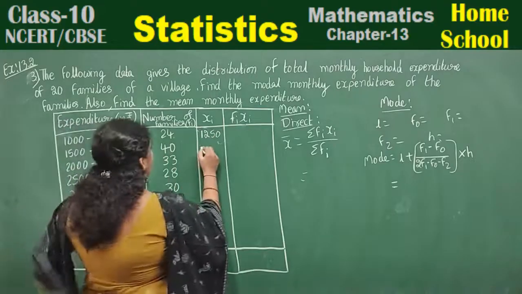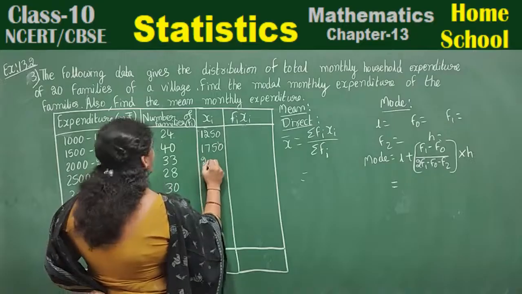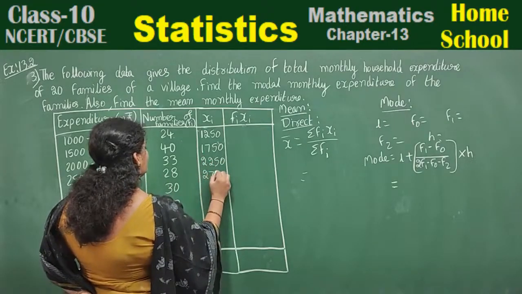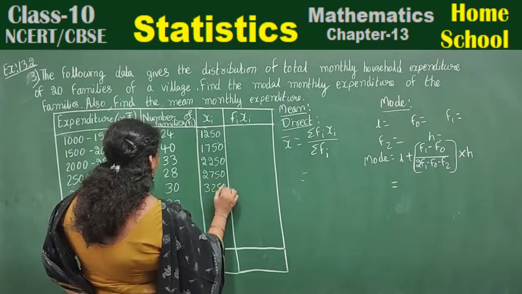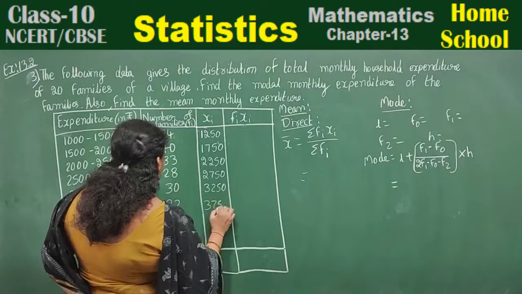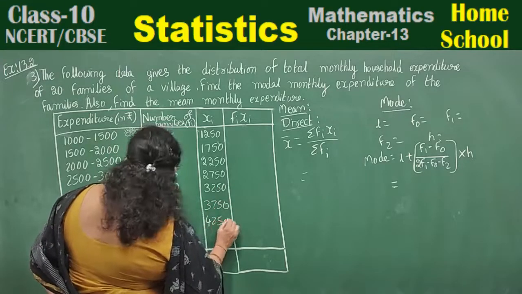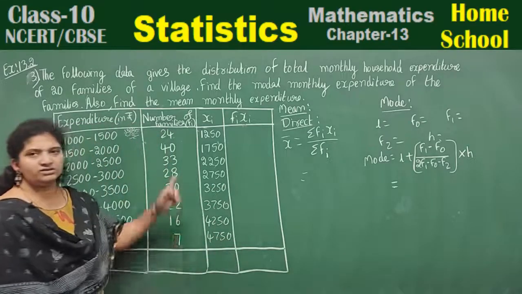Next, similarly, 1750. Next, 2250. Next, 2750. Next, 3250. 3750. And here 4250. 4750. These are your class marks.